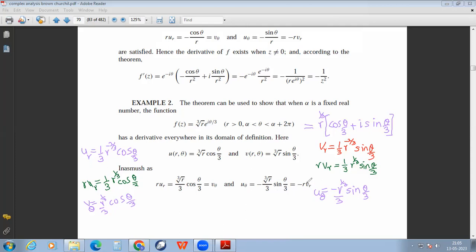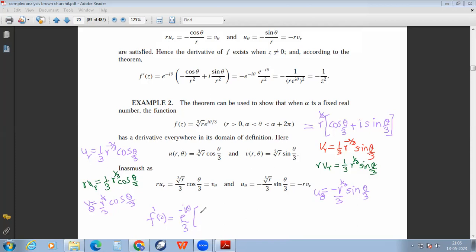And then you need to write the derivative. What will be the derivative then? f dash z will be e raised to minus i theta out, and inside what you'll write? u_r plus i v_r. So u_r is again on the same lines, one third let me take out.